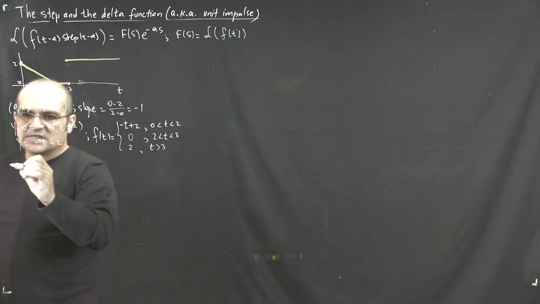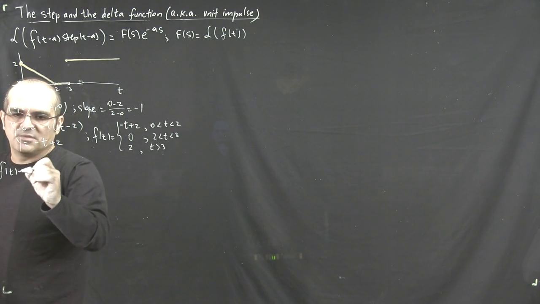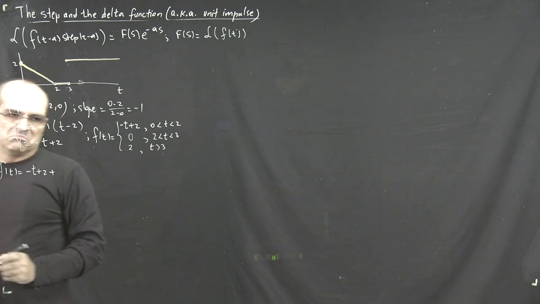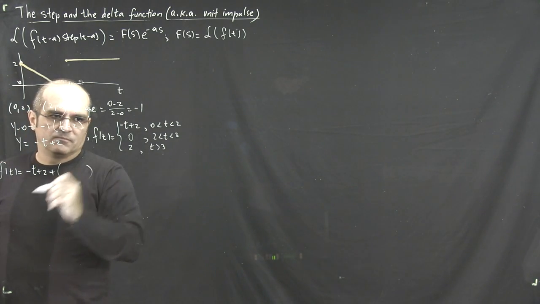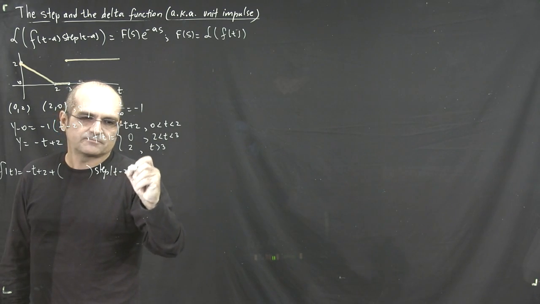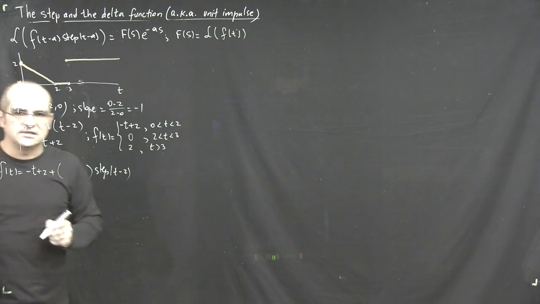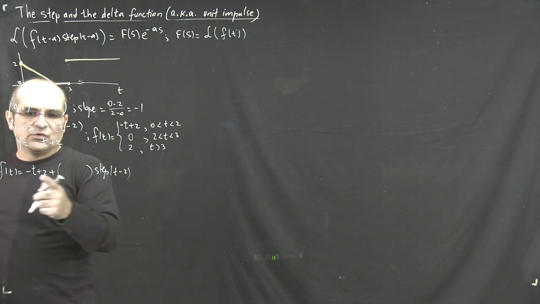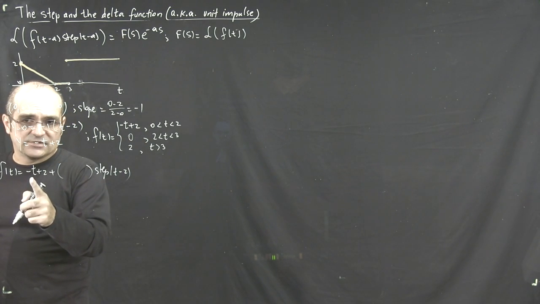Well, just like I told you before in the beginning of the lecture, you start with the first value and then introduce step functions at each point where the function changes. The first time it changes is at time t equals 2. How do you change the value? Well, you cancel the previous value.